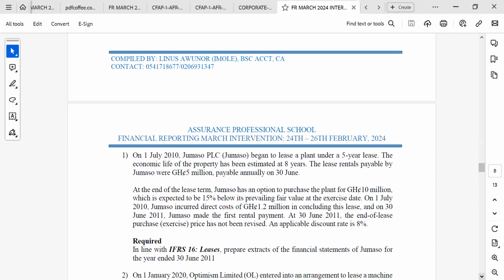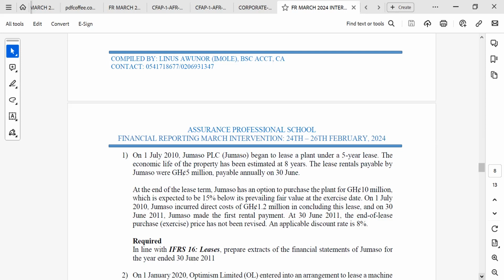What do we call a finance lease? Finance lease is a situation where risks, maintenance, insurance, control associated with the asset has been passed on to the lessee during the lease period. So during the lease period, the lessee will be seen as the owner of the assets.